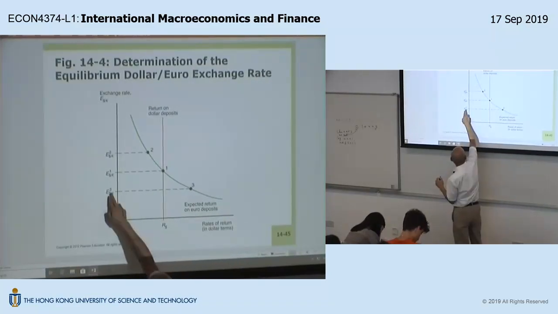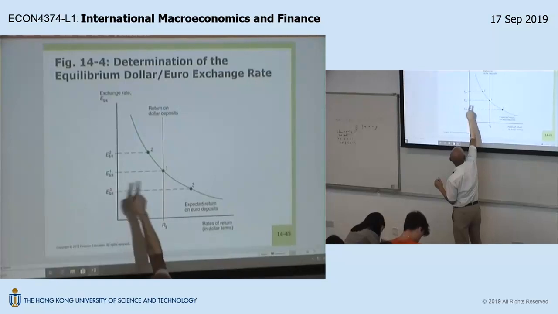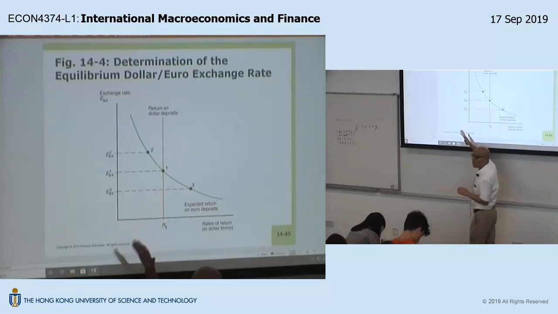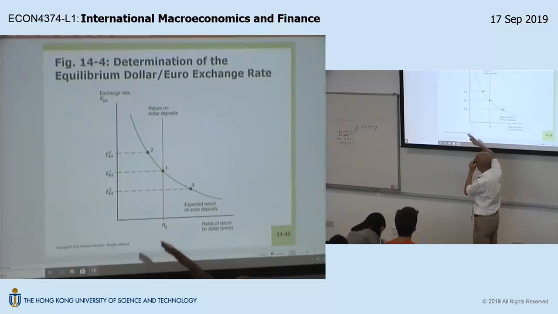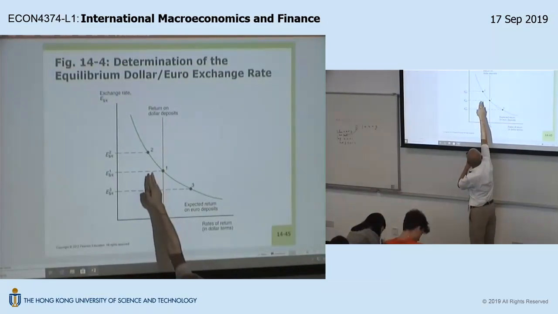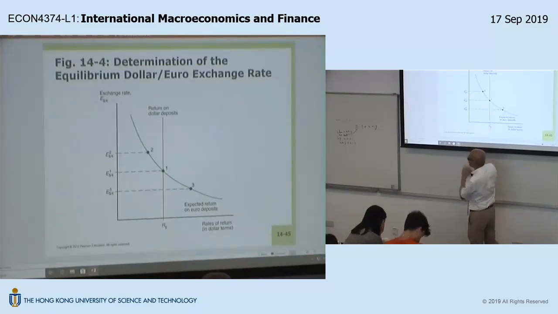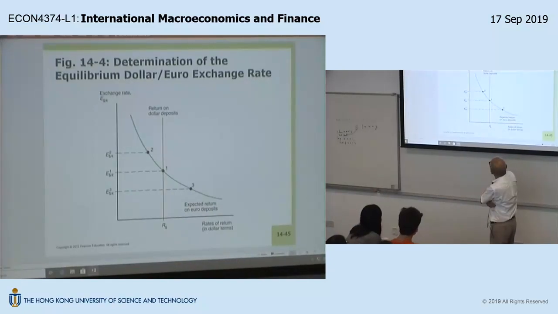Suppose the exchange rate is E2. If the exchange rate is E2, it's not going to be an equilibrium exchange rate because the dollar rate of return on euro deposits is less than the dollar rate of return on dollar deposits. So as a result, what happens? Can anybody tell me?